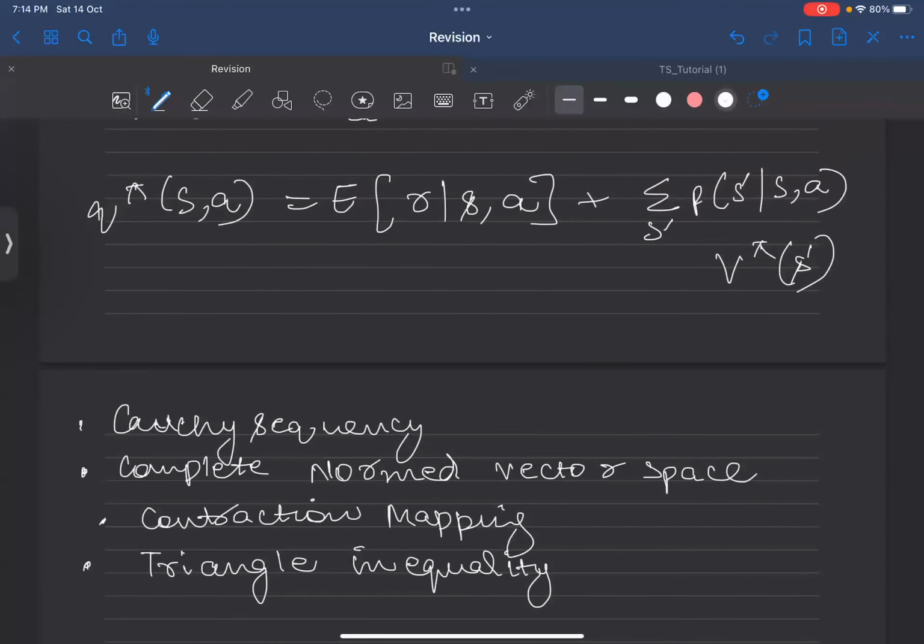Can I say a Cauchy sequence is a sequence in which all the elements are coming closer and closer to each other? What is a complete normed vector space, or Banach space?